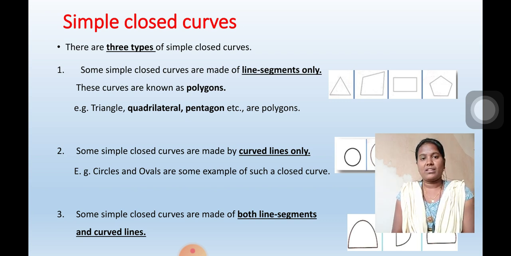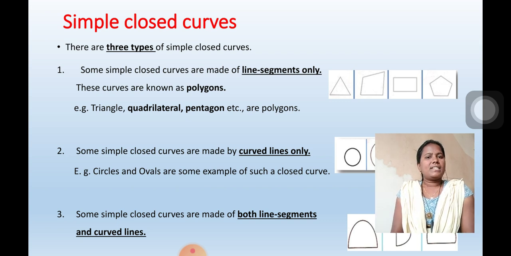Triangle, square, rectangle, trapezium, all these are examples of polygons. In the figure, the first one is a triangle, the second one is a quadrilateral, the third one is again a quadrilateral, and the fourth one is a pentagon.